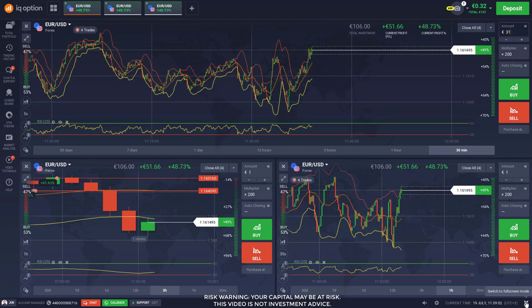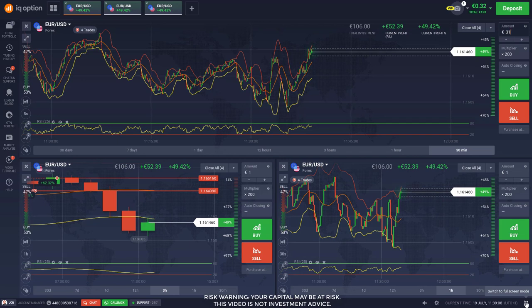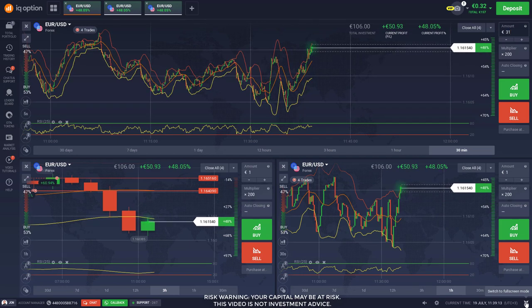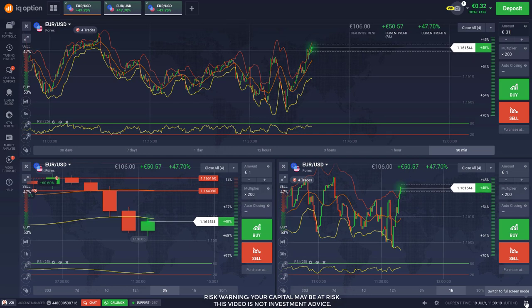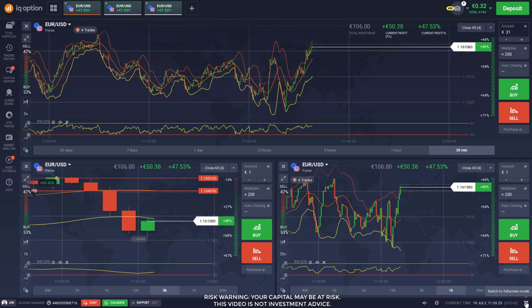So it's going to fall down again. See, almost I had the near 70%, but it's now down below 50%. If I close here, I basically lost the 20%.